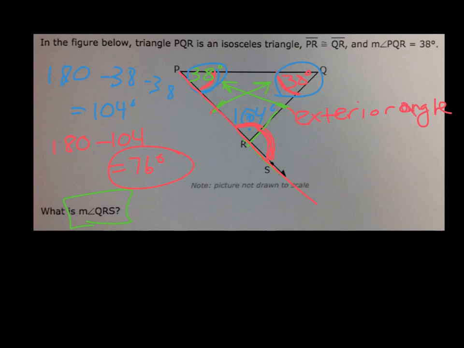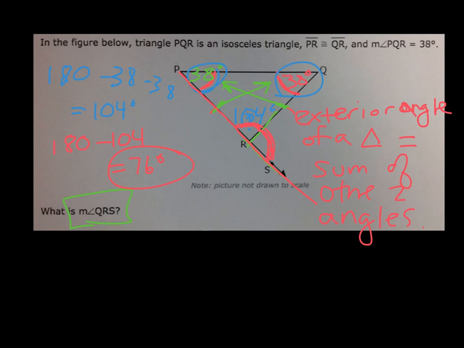Every exterior angle of a triangle is equal to the sum of the other two angles. Now we could go through and prove this to you, but I wanted to keep this short.